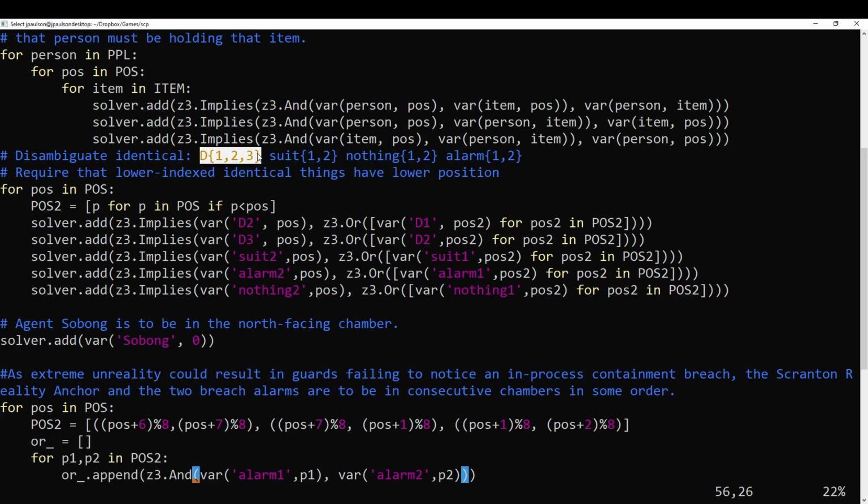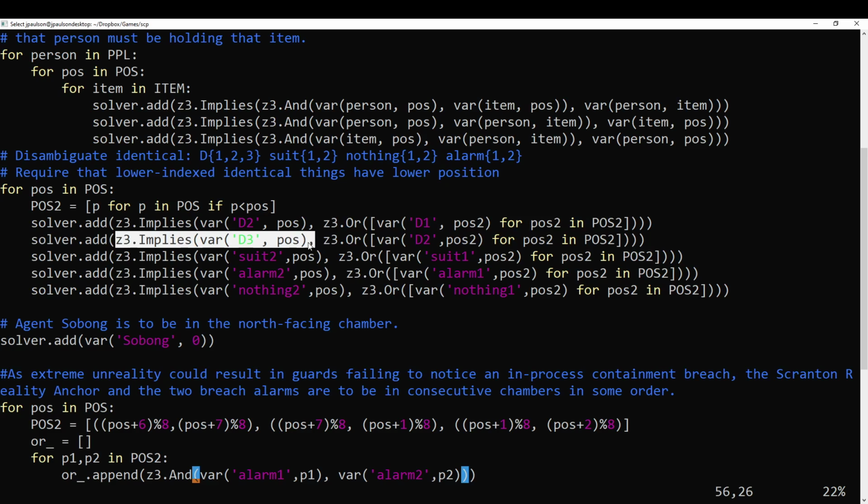Right, so any permutation of D1, D2, D3 would be valid. So we're just saying, pick the one where D1 comes first, and pick the one where suit 1 comes first. And the way that we do that is for each of the positions, in each of the smaller positions, we say, okay, if D2 is at that position, then D1 must be at one of these smaller positions, right, or across here.